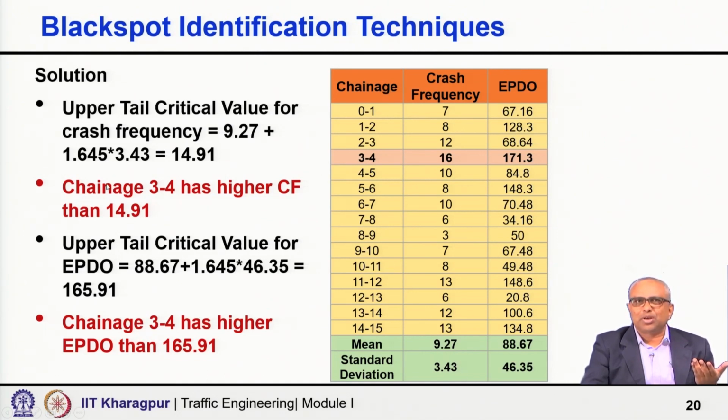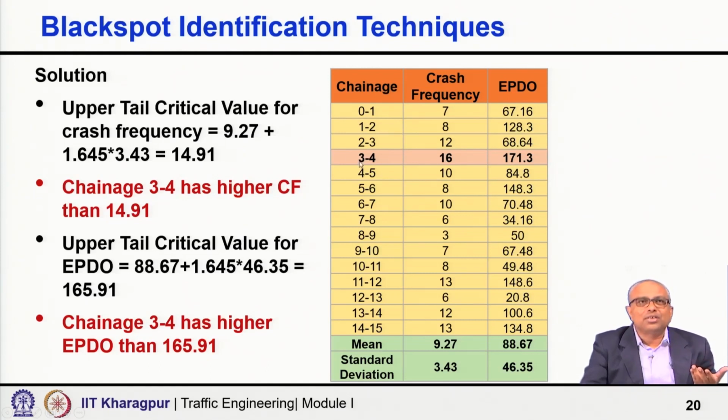So, 1.645 into 3.43, that is 14.91. And for the EPDO values, mean is 88.67 plus 1.645 into standard deviation 46.35. So, you are getting 165.91.